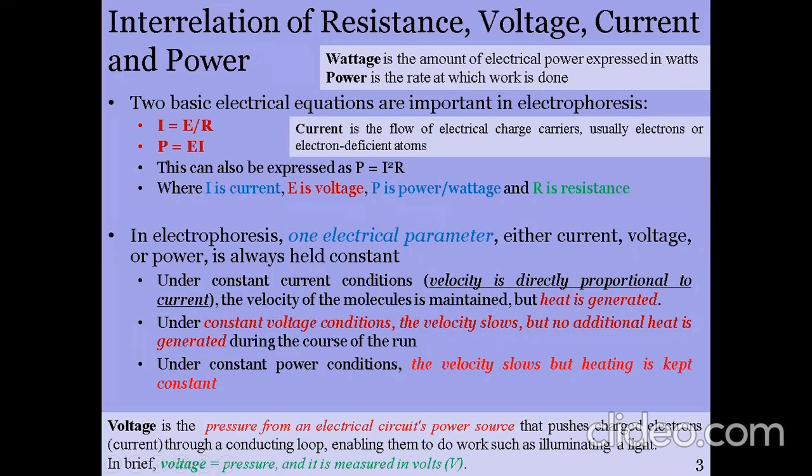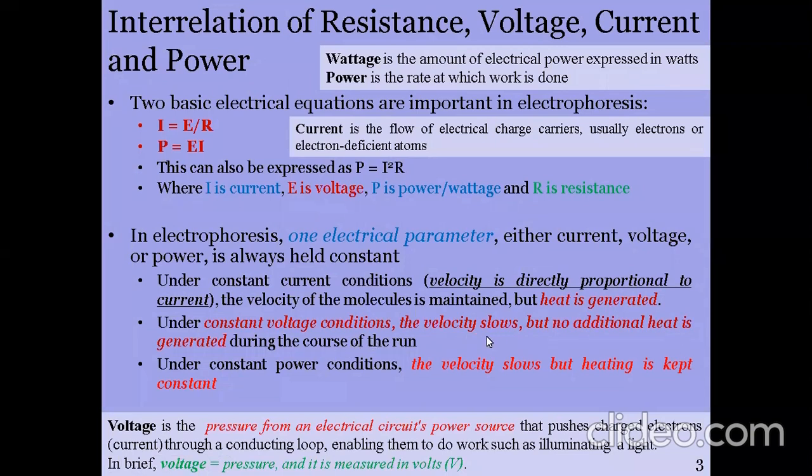The more heat, the more resistance in the way of the movement of proteins or any charged molecule like DNA and RNA. So heat is discouraged in electrophoresis.